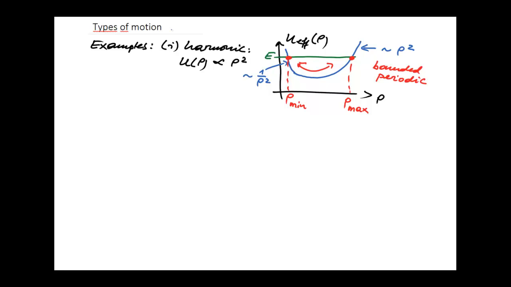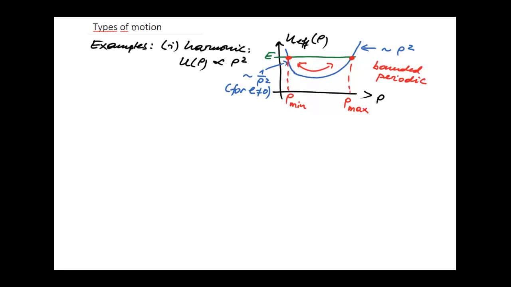And hence this extra term is present only if the angular momentum is different from 0. So you have that qualitative behavior only if the angular momentum is different from 0. So this is the case that we considered here. This is the harmonic case.